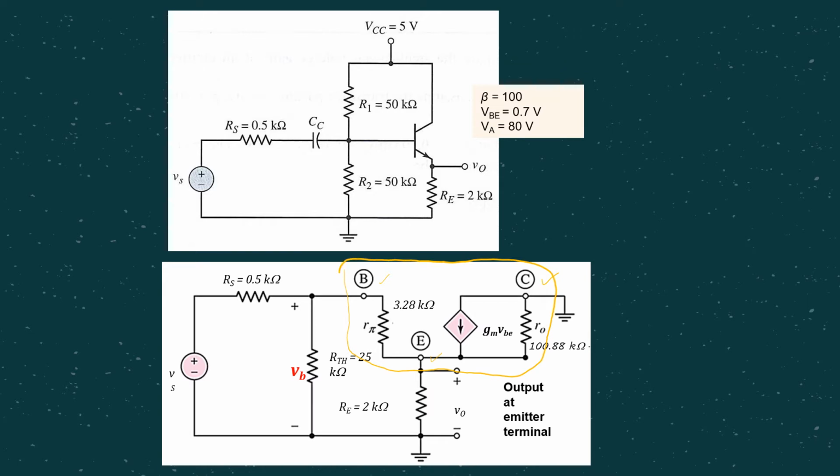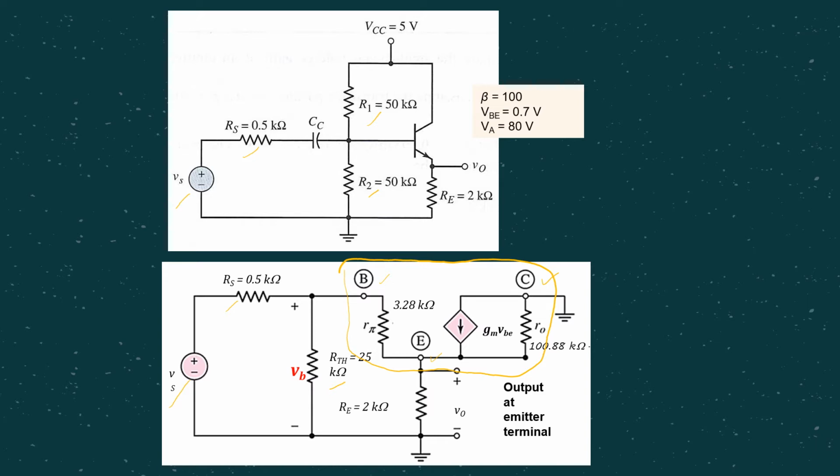At the emitter terminal we have RE between emitter and ground, and we have R1 and R2, which is actually RTH, between base and ground. Remember, capacitors are short circuit, so that's why we have RS and VS.